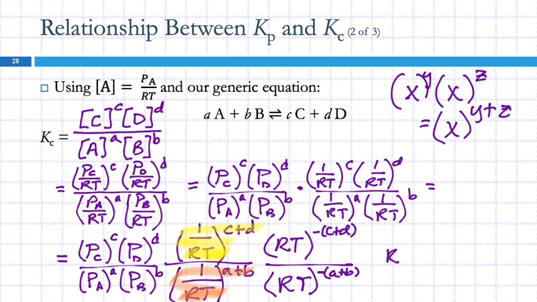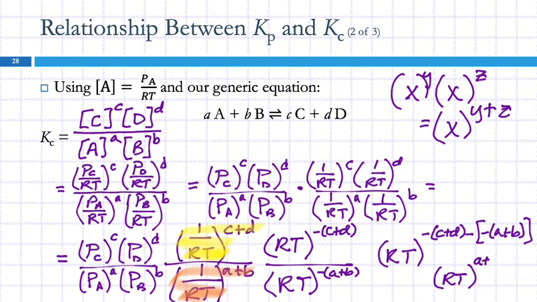So that's going to be RT, and we've got negative C plus D minus, minus negative A plus B. Isn't that a lovely mess? Which we could also write as A plus B minus C plus D.